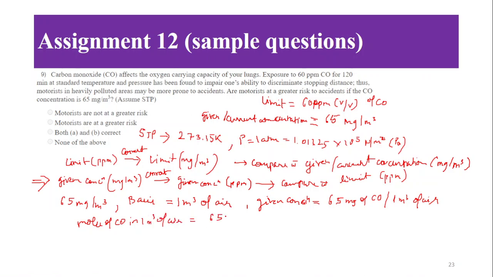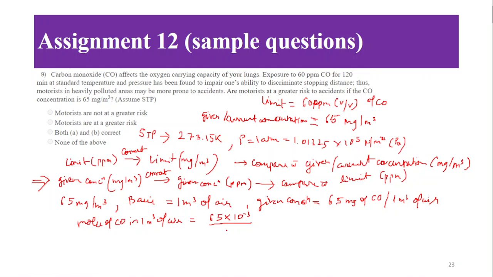So that will be 65 into 10 to the power minus 3 upon the molecular weight of CO. So molecular weight of CO is, C is 12 and O is 16. So we get 28 gram per mole. Okay.